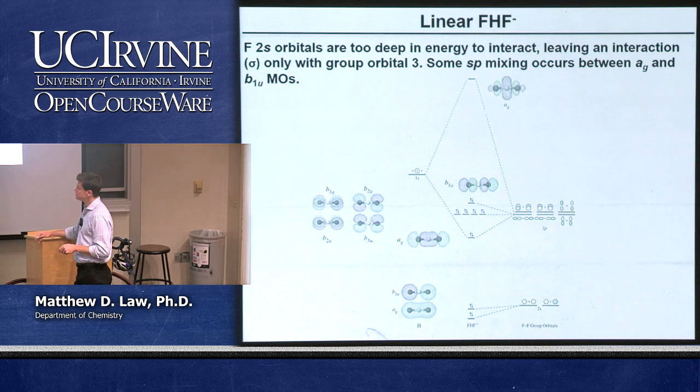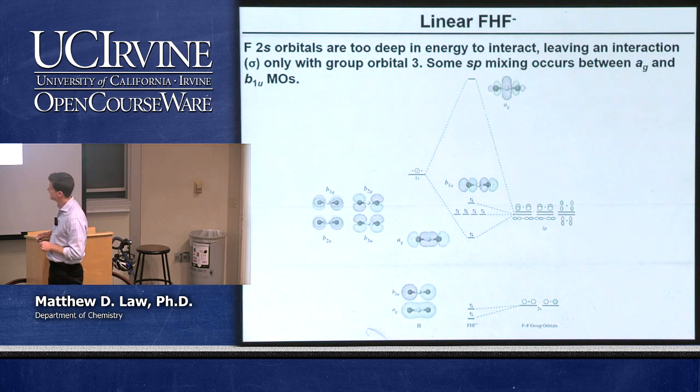So we have ag, ag, and ag. And even though this ag here has a very, very small interaction with hydrogen because of the big energy difference, it's going to orbital mix with this ag and a little bit less with this one, and that's going to cause the bottom ag to decrease in energy slightly. So that's this orbital down here. You can see it's been pushed down in energy. That's because of the orbital mixing phenomenon.